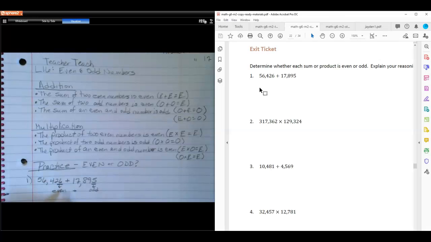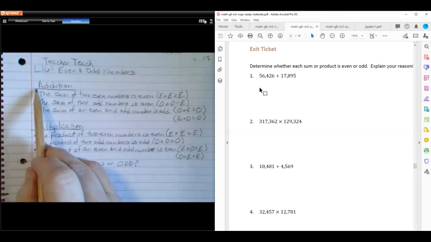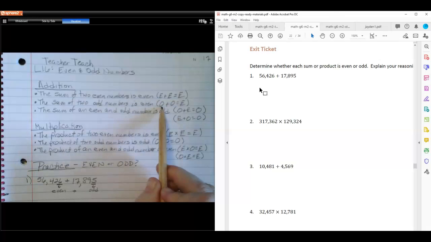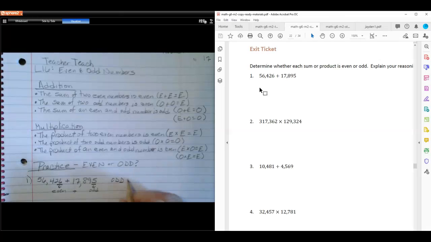We're adding them, even plus odd. So we come up here for addition. Even plus odd equals odd. Odd, because even plus odd equals odd. That's all there is to this lesson.